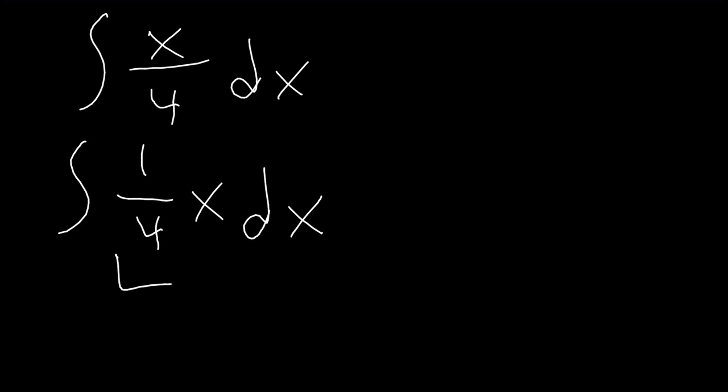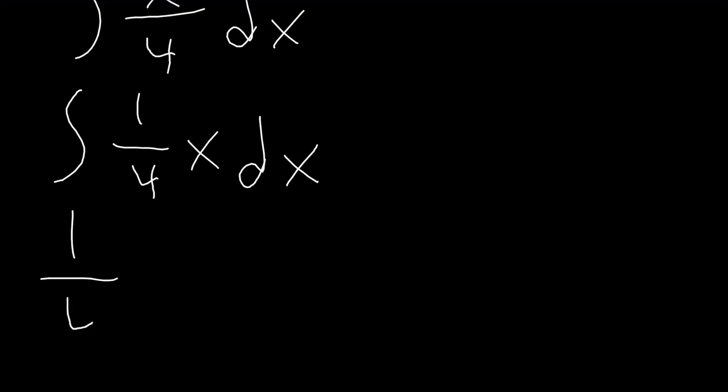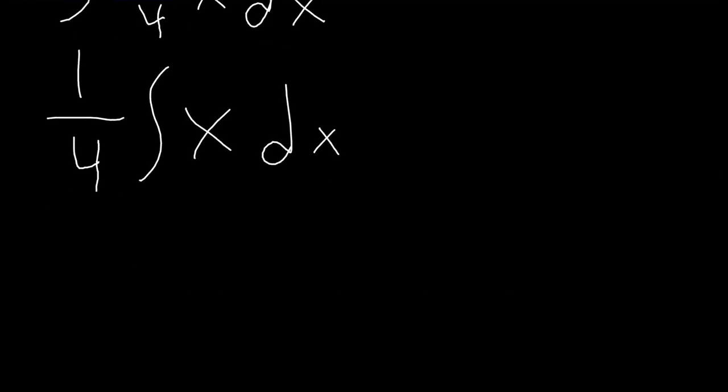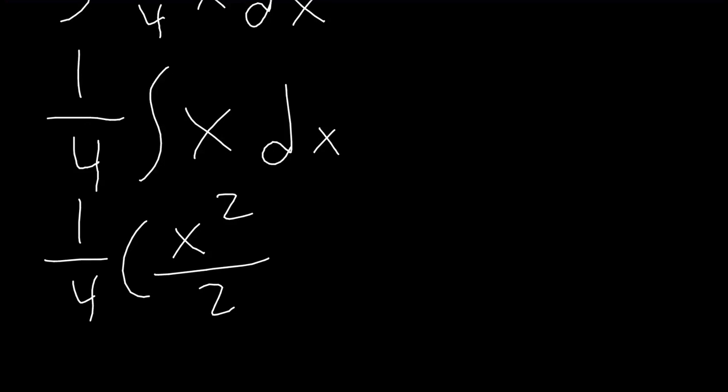And we can pull constants out, like a fourth, of the integral. So it'll be a fourth times the integral of x with respect to x. And now integrating the x, we're going to have a fourth times x squared over 2 plus c.